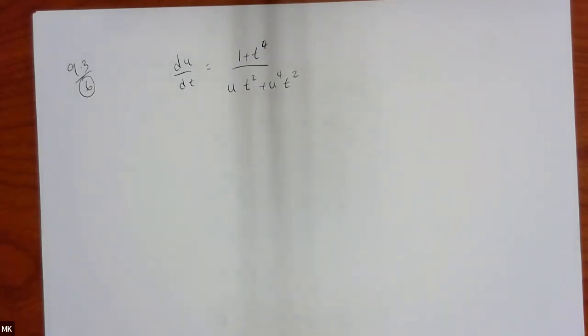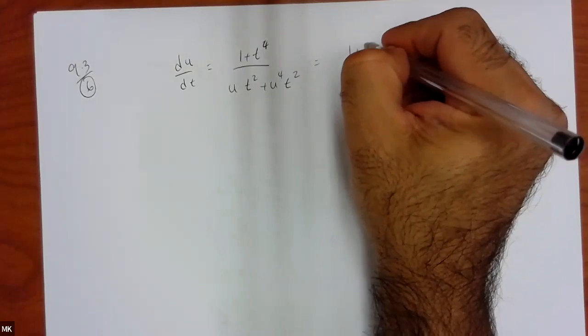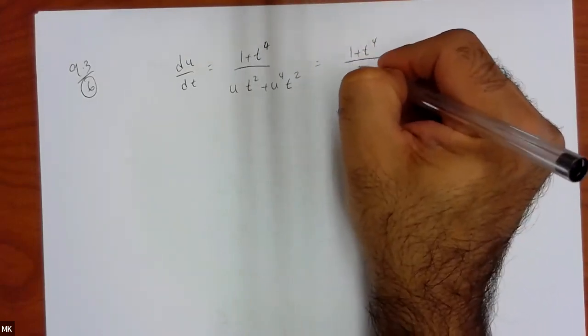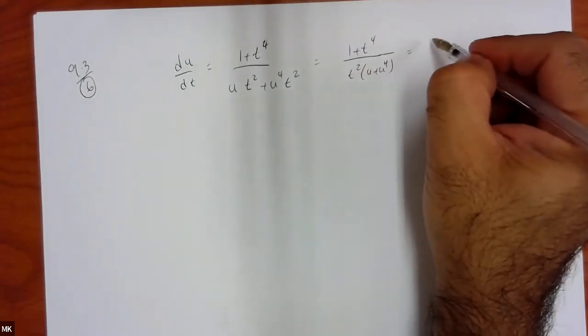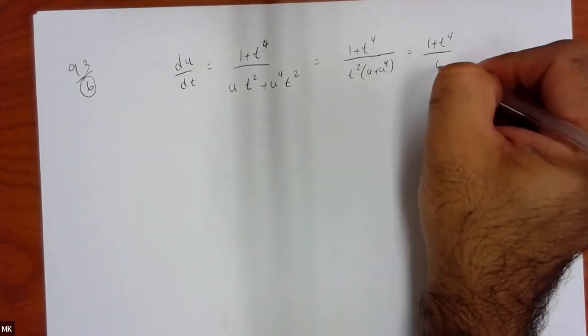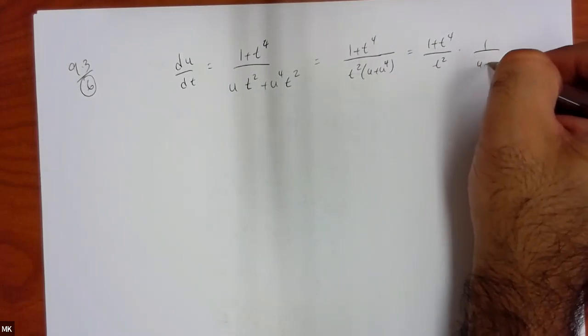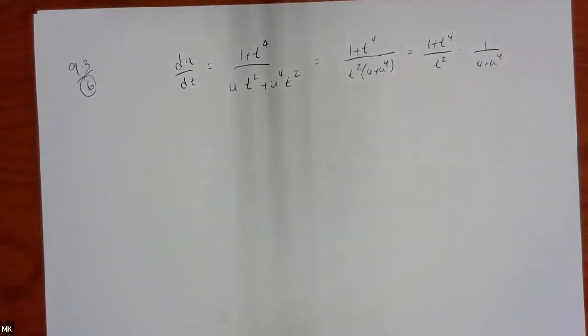So first things first, I need to see if it's separable or not. I'm going to rewrite it as (1 plus t to the 4) over t squared times (u plus u to the 4), which is (1 plus t to the 4) over t squared times 1 over (u plus u to the 4). So it is in fact separable.